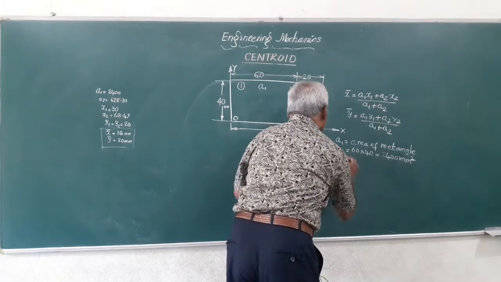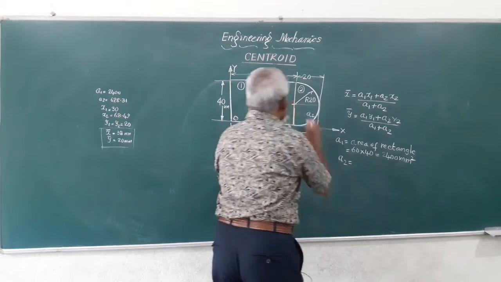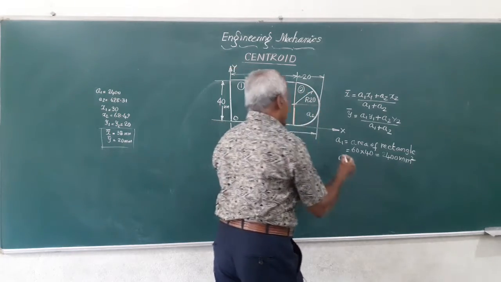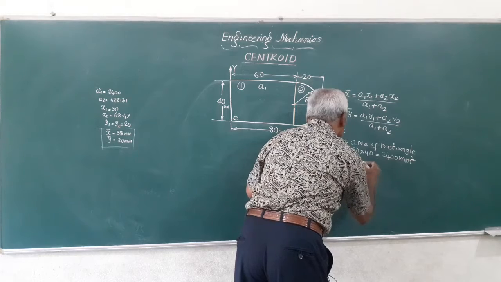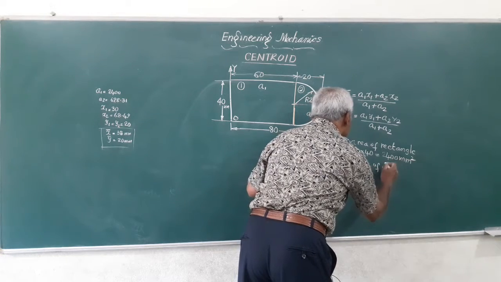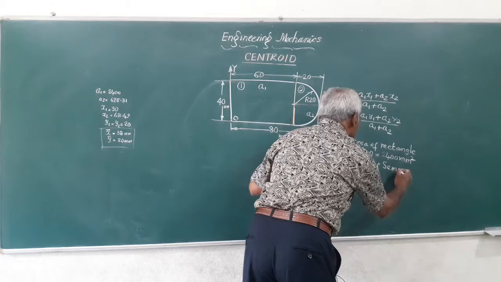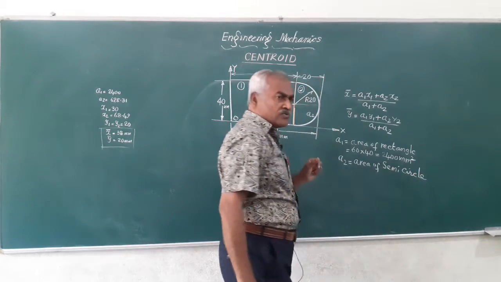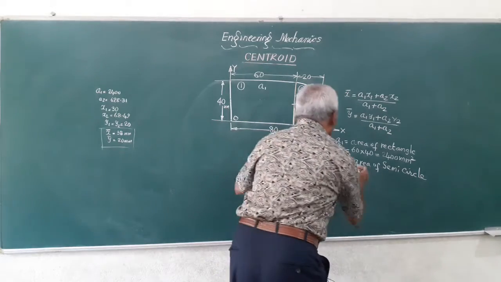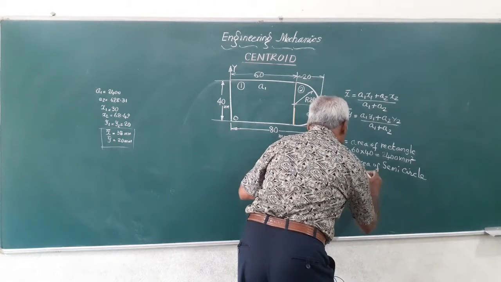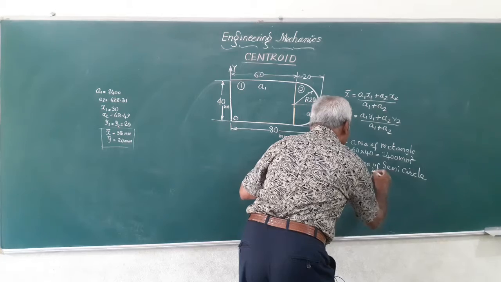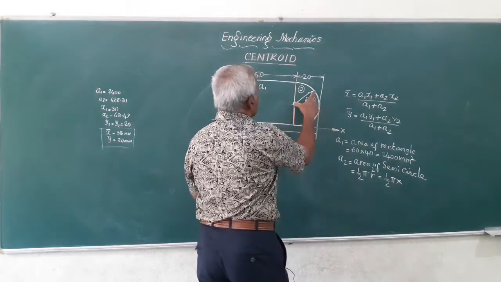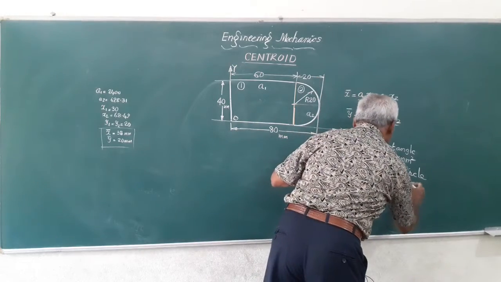Area 2 is the area of this semicircle which has a radius of 20. The area of a circle is pi r square, and the area of a semicircle is half of that, half of pi times 20 square.